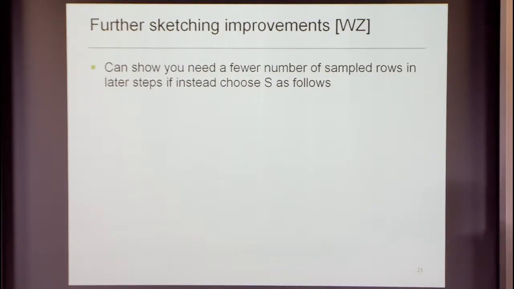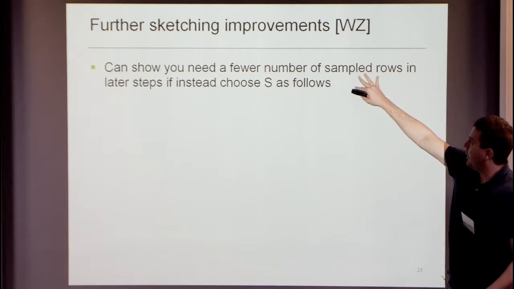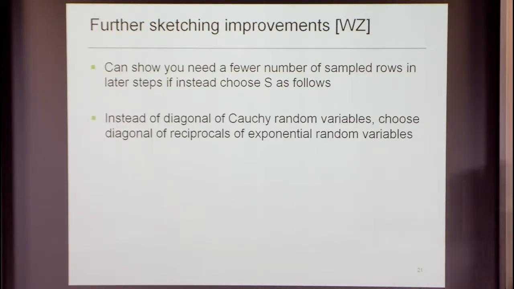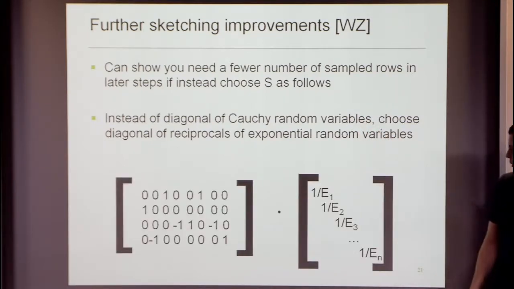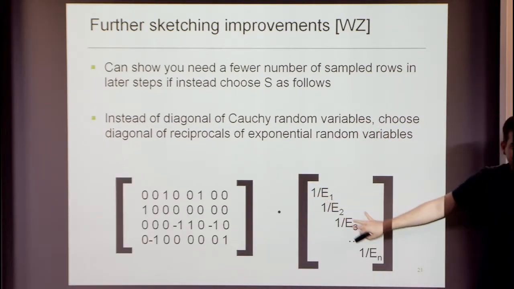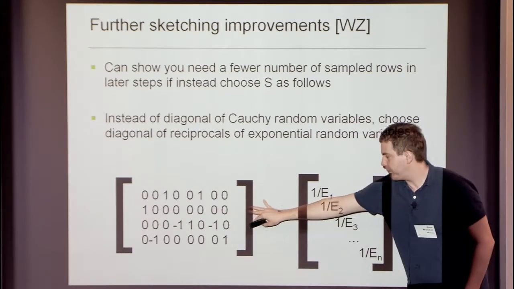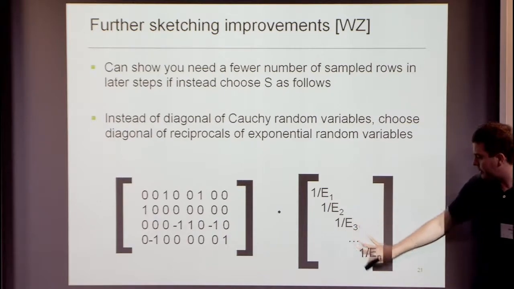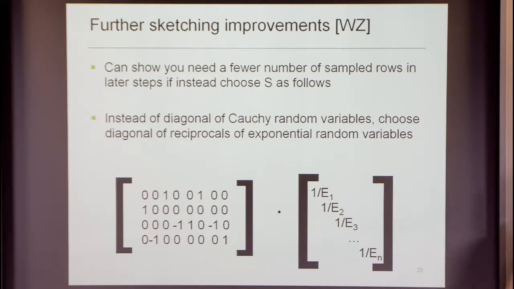You can reduce the number of samples in the second stage, in this importance sampling stage, if instead of choosing Cauchy random variables, you choose this. It's a product of the count sketch matrix and a diagonal matrix, where now instead of Cauchys, they're reciprocals of exponential random variables.